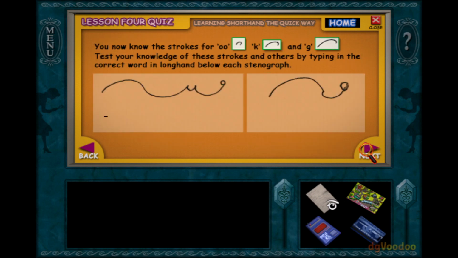You know the strokes for U, K, and G. Test your knowledge of these strokes and others by typing the correct word in longhand below each stenograph. And this is the last of the lessons then. So, what... I can't remember.